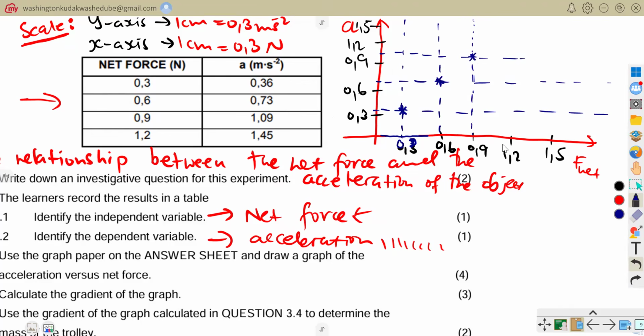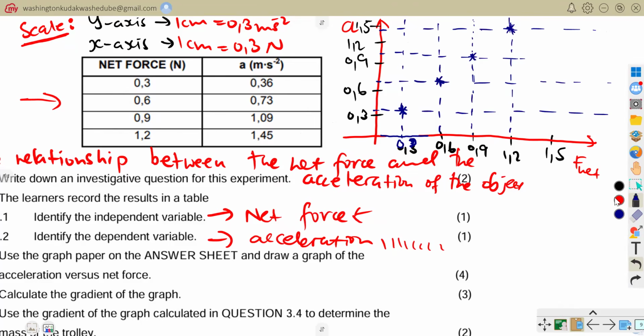After that, I would go to 1.2. This is the constant 1.2 newton line, and then I would go to 1.45. So at some point, the 1.45 constant straight line would be this, so that I would be having my plot there.